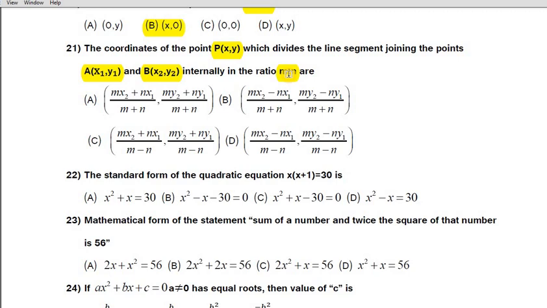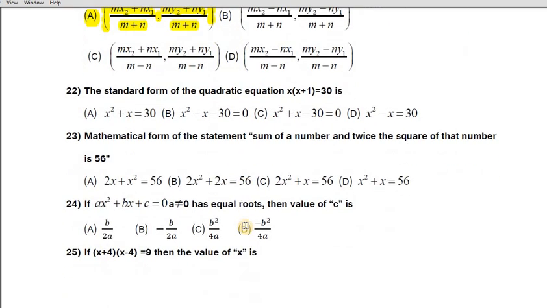Hence, here the correct option is option A: (m1 x2 plus m2 x1) by (m1 plus m2), (m1 y2 plus m2 y1) by (m1 plus m2). See option B, in option B we have negative signs. Hence this cannot be the section formula. In option C the formula also has negative signs, and option D also has negative signs. Hence you can eliminate all these options. So option A is right.